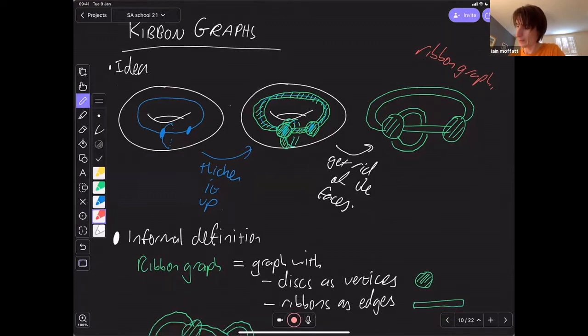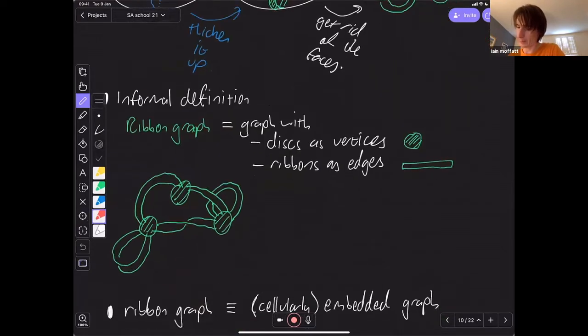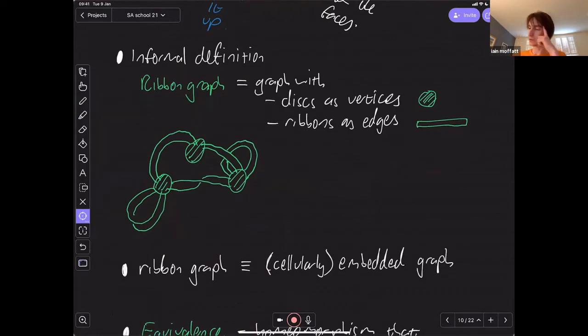So informally, my ribbon graph is just going to be a graph made up of disks as vertices, and my ribbons are going to form edges. Maybe something I should mention with my drawings here is that my ribbons are solid, although when I draw my ribbon graphs, I'm going to leave these empty.